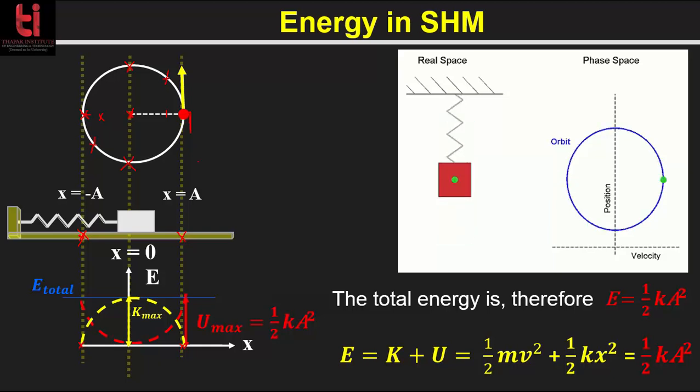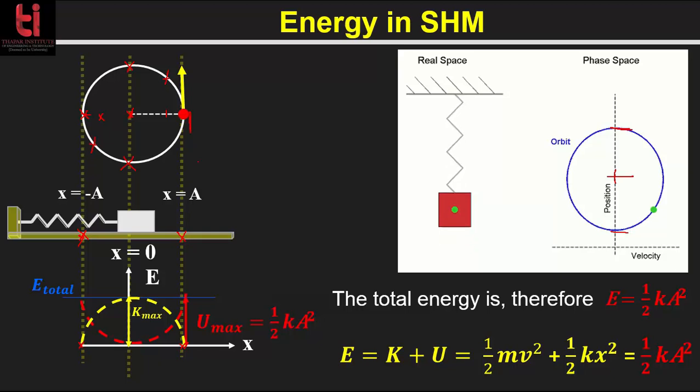Here in this cartoon, the real space and the phase space representation of the simple harmonic motion is shown. This is the equilibrium position, so at this position x is equal to 0, that is the displacement is 0 here, and these two are the two limits of the motion.